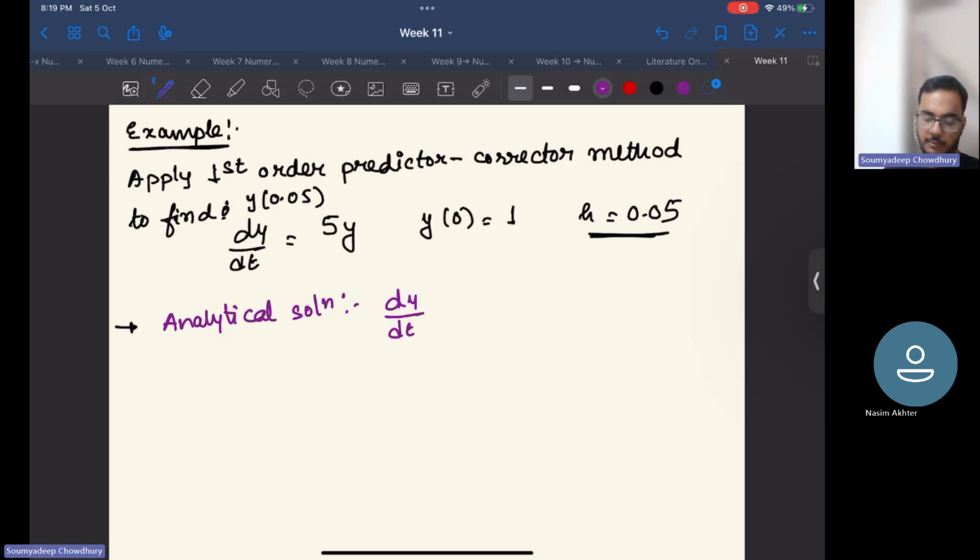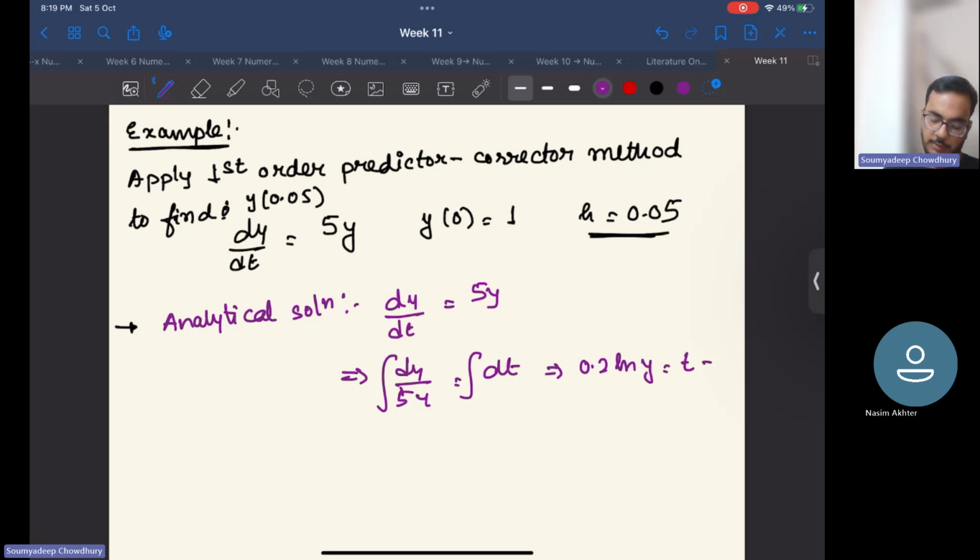So it is basically dy by dt equals to 5y. So we bring this 5y here, dy by 5y equals to dt. If we integrate both sides, we'll get 0.2 ln y equals to t plus c. So first we'll substitute the initial condition, right? y of 0 is 1. So 0.2 ln y, ln 1 is 0.